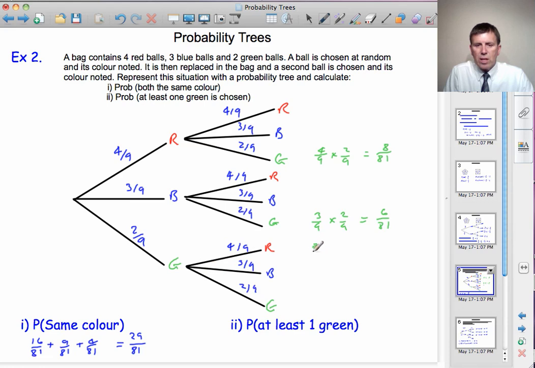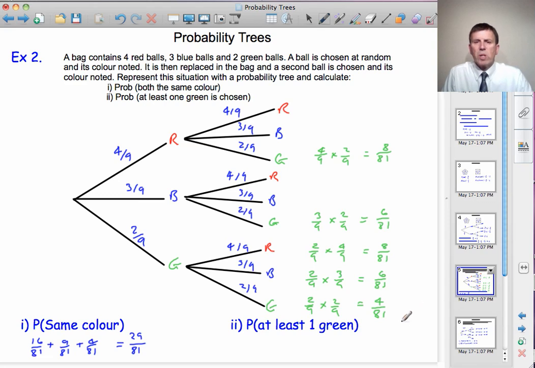So it's 2/9 multiplied by 4/9, which is 8/81, and 2/9 multiplied by 3/9, which is 6/81, and finally 2/9 times 2/9, which is 4/81.